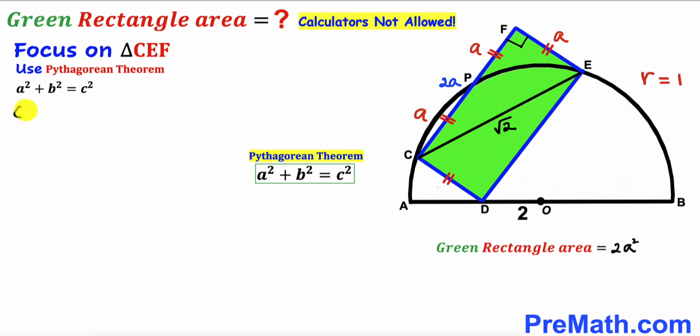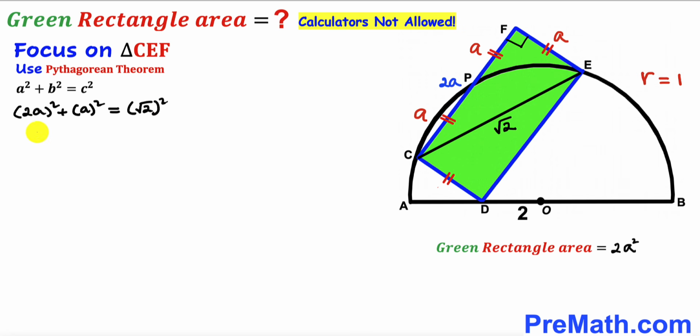So we got 2 times a whole square plus a square equal to the square root of 2 whole square. Let's simplify. That's going to give us 4 times a square plus a square equals to 2. We got 5 times a square equals to 2.